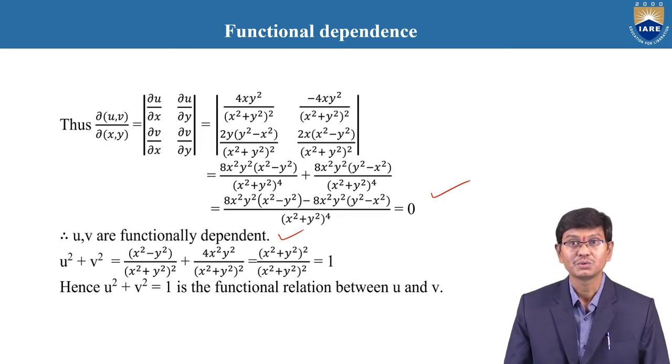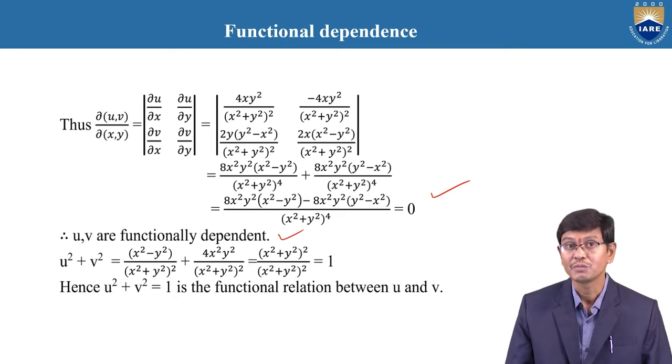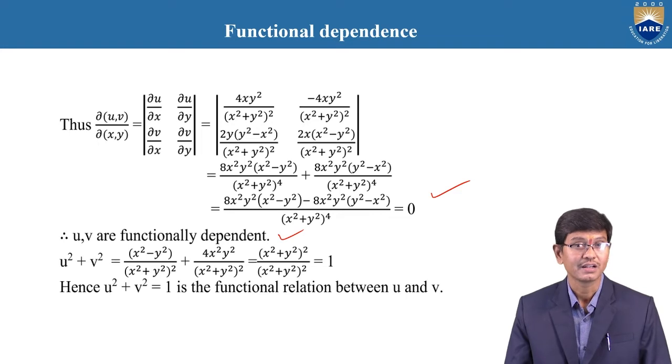Then on addition of these two, you obtain the value 1, because the numerator and denominator cancel. Therefore, the relation between u, v with the help of the given function is clearly u square plus v square is equal to 1.